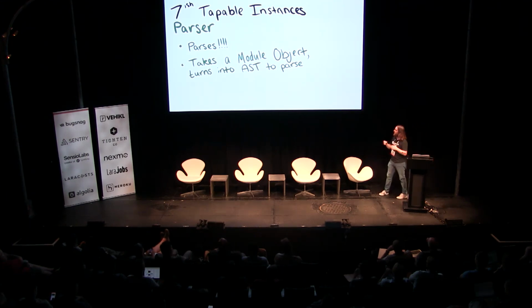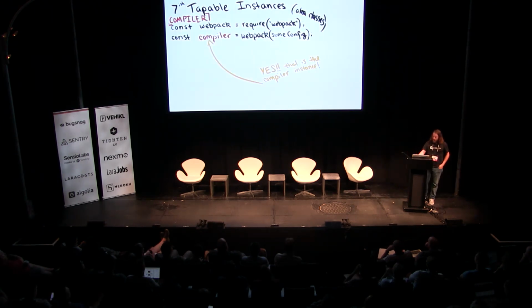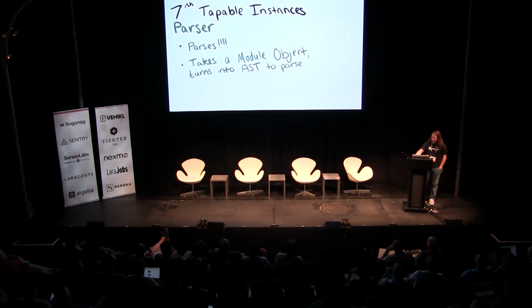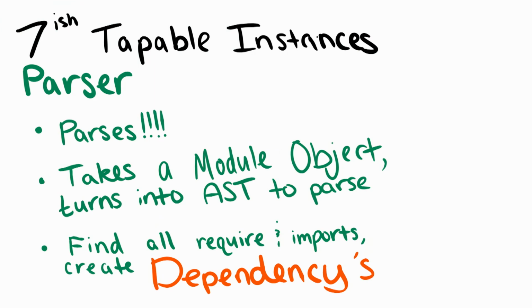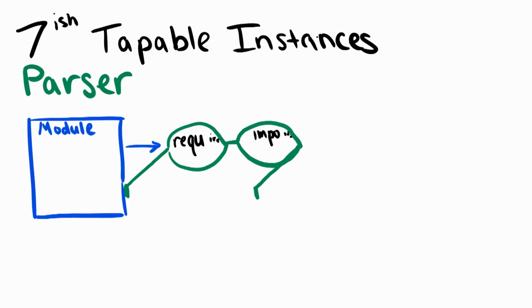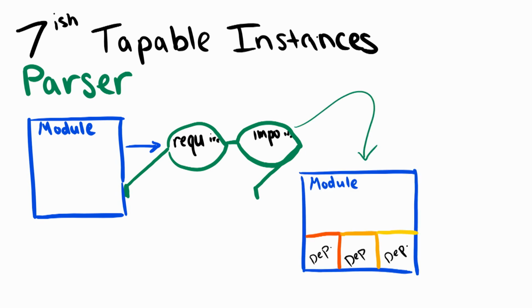And it's a syntax that allows you to see exactly what the language is in a tree format instead of a string. And so what happens here is that Webpack will then take any require or import statement or anything like that and create a dependency out of it. So it's like reading the module source, looking for those require statements, and then it adds dependency objects to it.